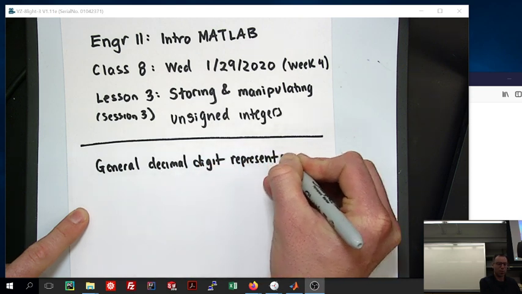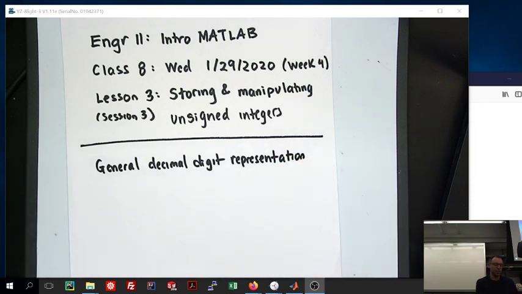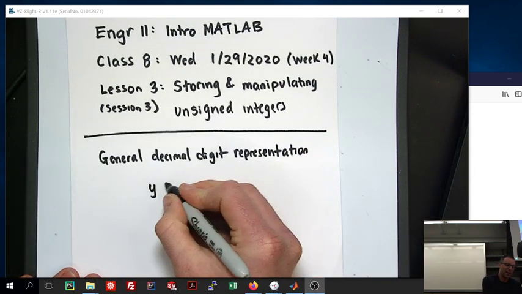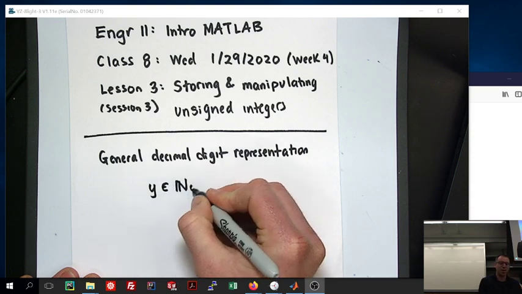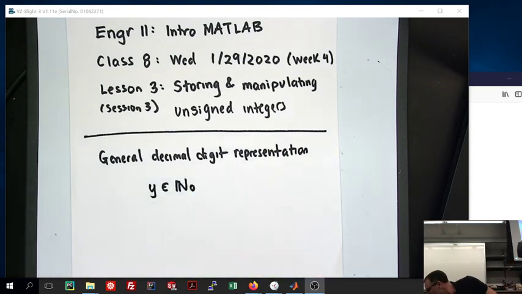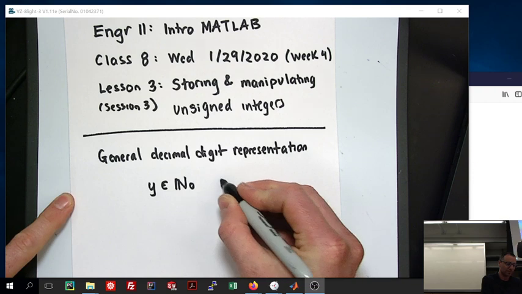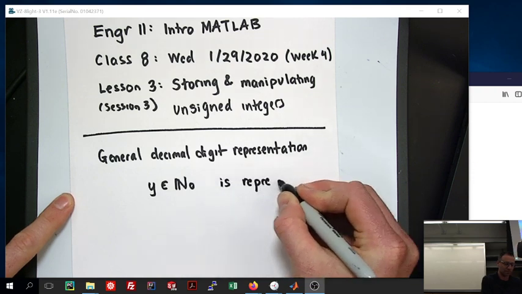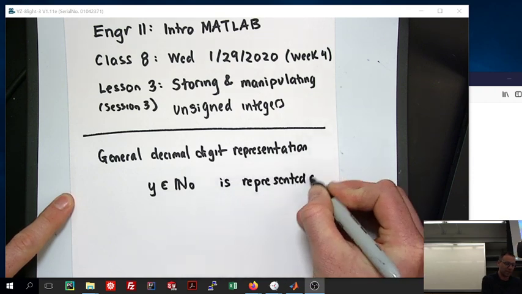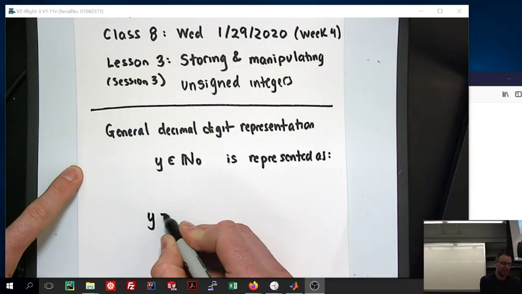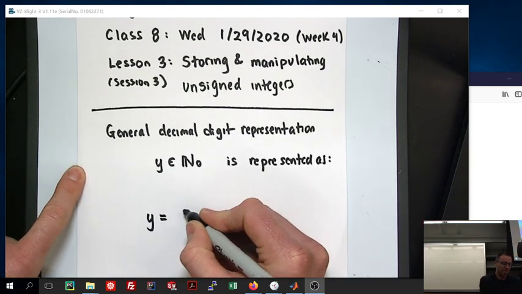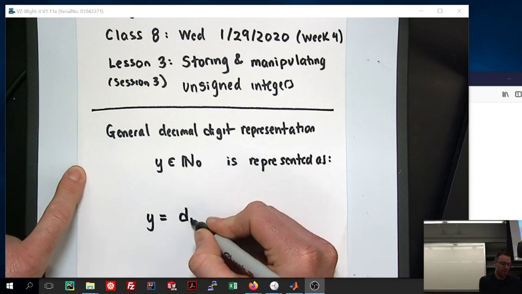Can someone remind me what the general decimal digit representation looked like? So if I have a number y in the non-negative integers or the natural numbers, it's represented as maybe we do something like this.